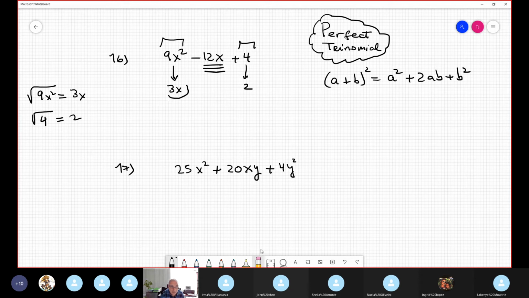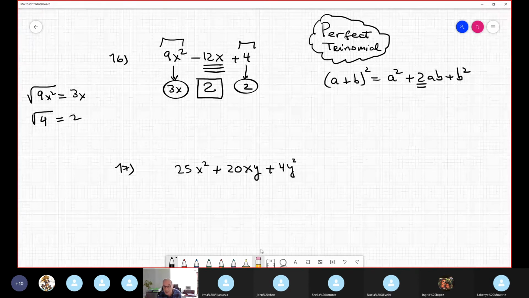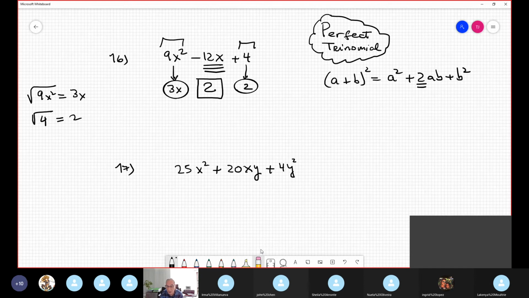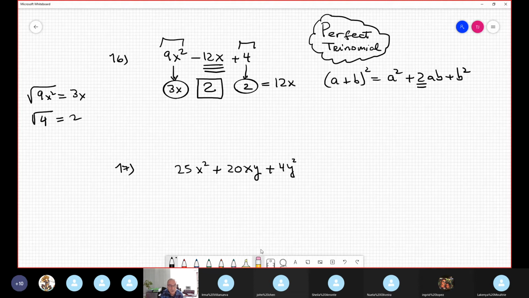And when you multiply 3 times 2 times an additional 2, why additional? I explained several times. This 2. 2 times 2 is 4, times 3 is 12. And you suddenly get the middle term. I don't care about the sign. The sign is not important. Multiplication of this, this, this. This is the test that gives me the information that this trinomial we are solving now is a perfect square.